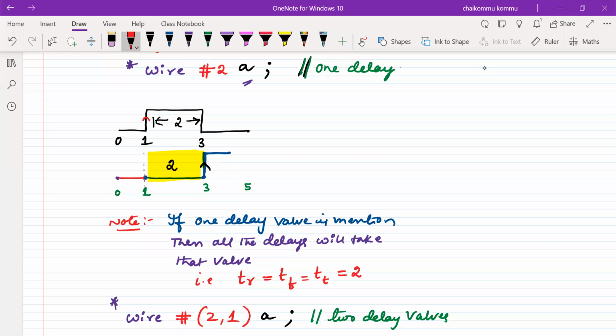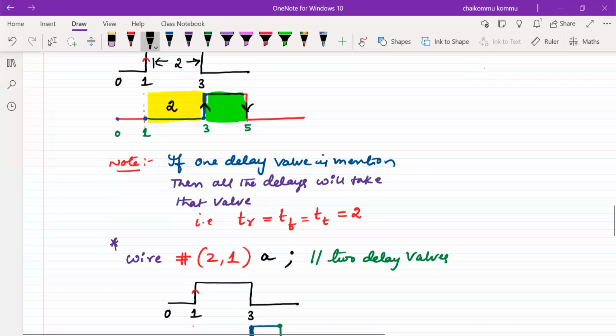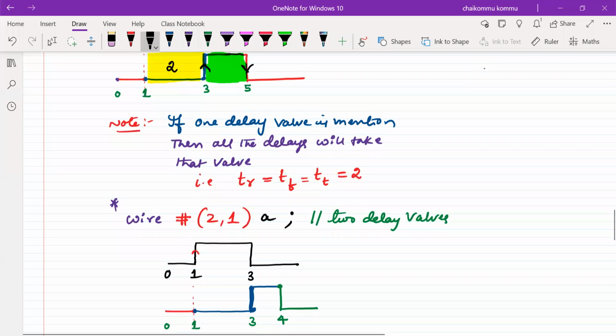After 5 it will go down. So it is waiting for 2 nanoseconds, and this is the time delay it is taking. Then it will go back to 0 again. This is how we can see it. The turn-off delay is not at all possible to show, and that is the reason I am not doing it, because for a wire it cannot go to that state.